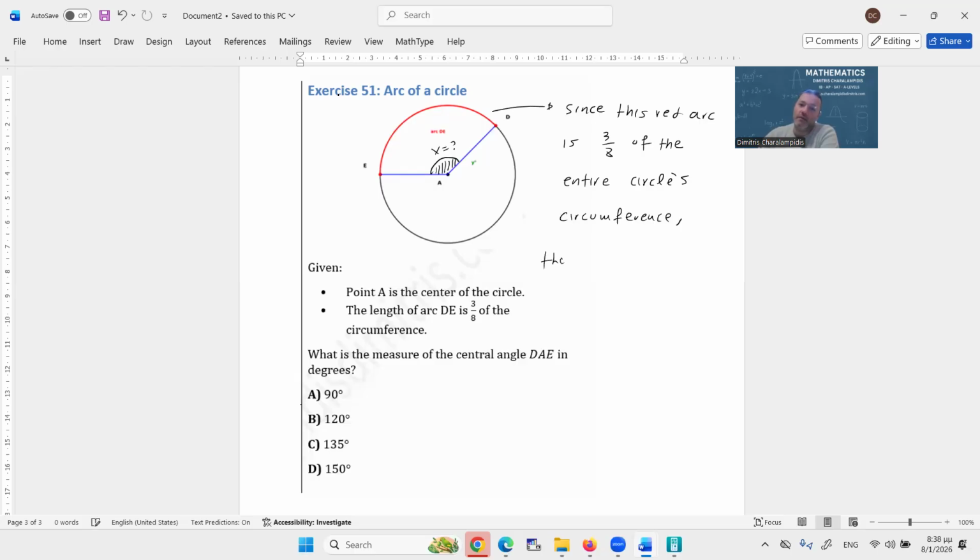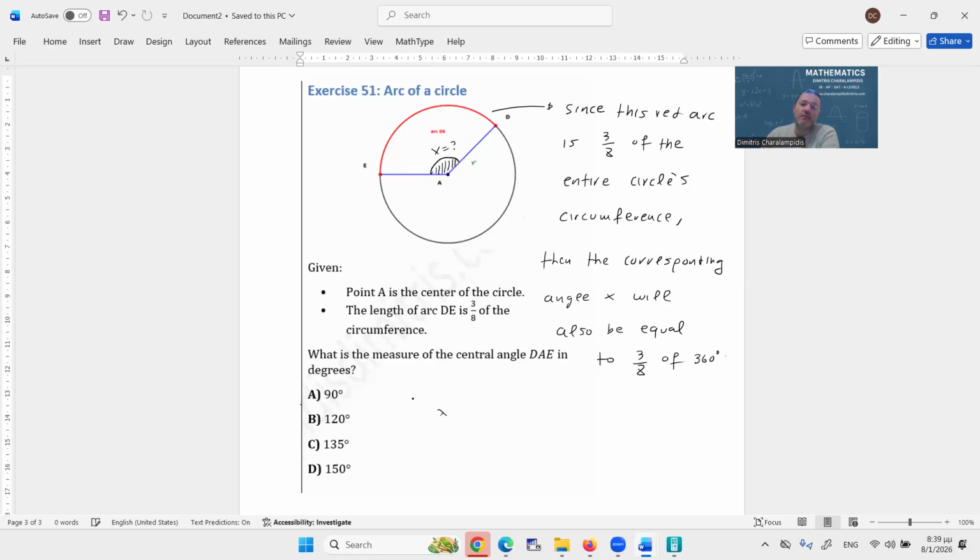then the corresponding angle x will also be equal to 3/8 of 360 degrees.